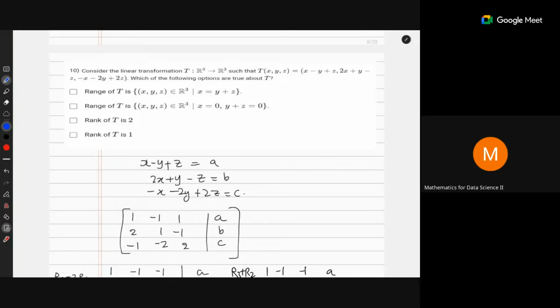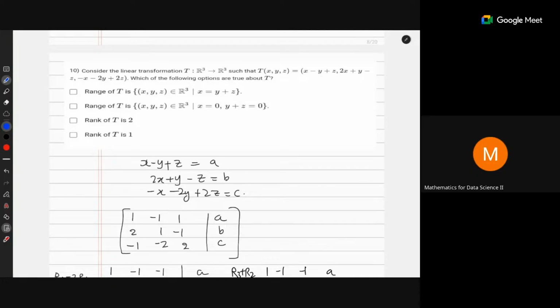Okay, how do we solve this problem? Can anyone tell me? Should we consider constructing the matrix for this?